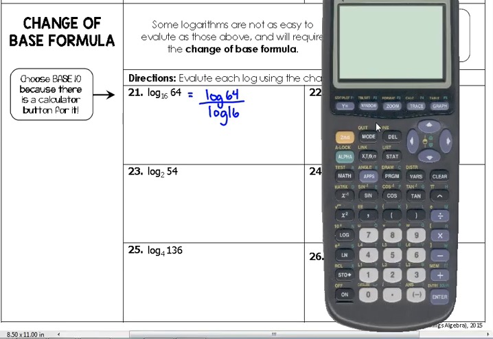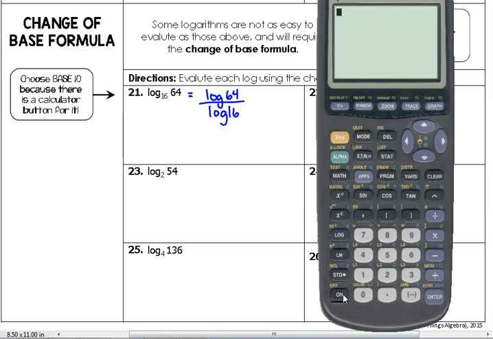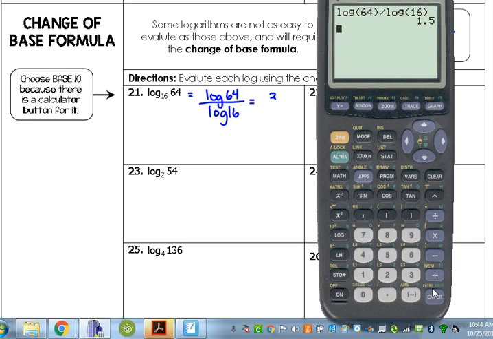Okay, now, what you have to remember with using the calculator is you have to close the parentheses, because when you type the log, it automatically starts your parentheses for you. But you have to close it after that 64 before you divide by the log of 16. Okay, if you don't, it's not going to give you the right answer. So it says 1.5. I prefer fractions, so I'm going to write that as 3/2.